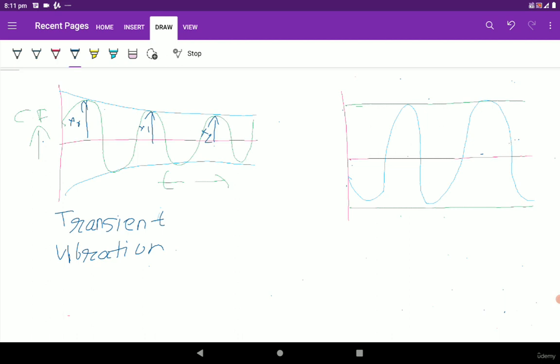So you can see that the amplitude here is constant, that is, both have the same amplitude value.